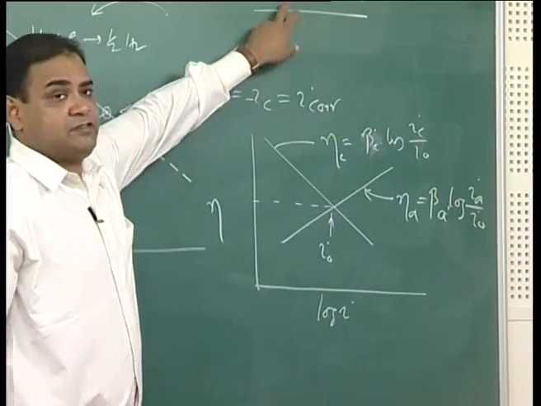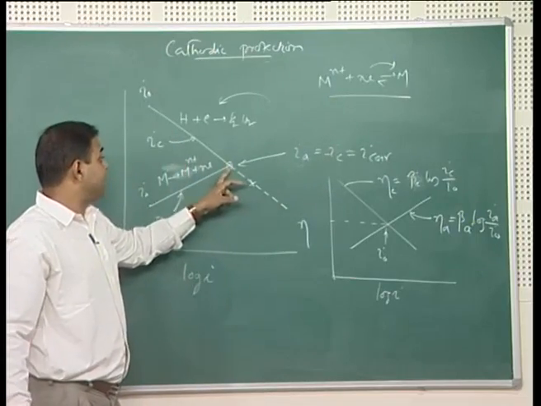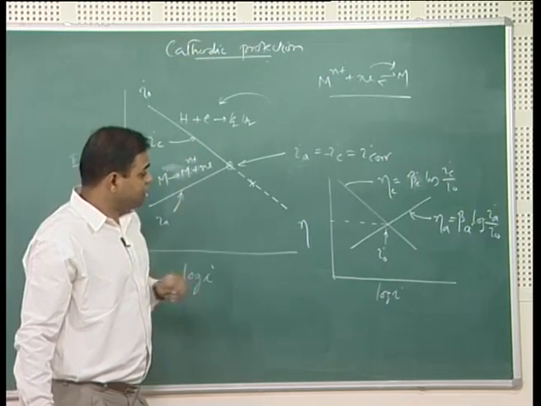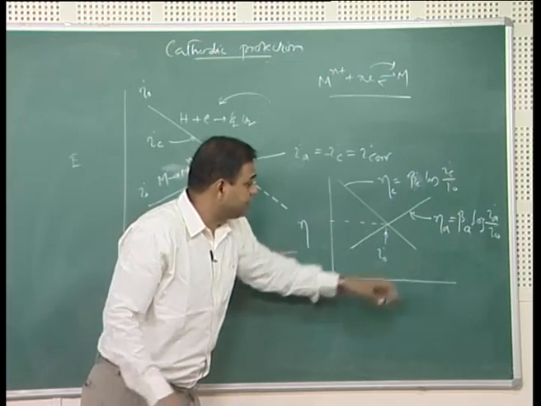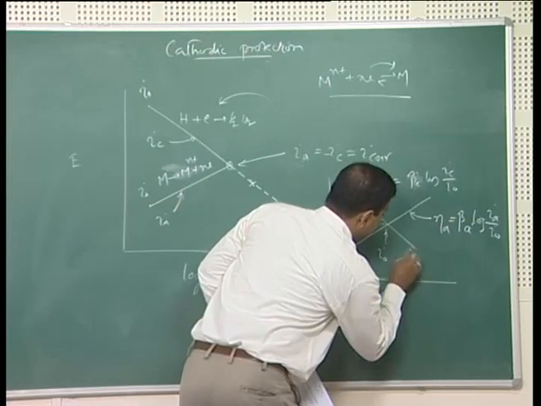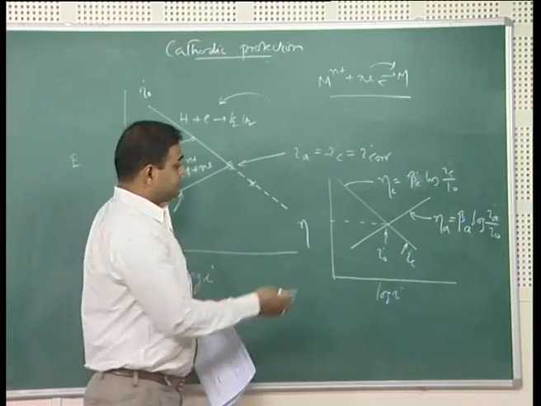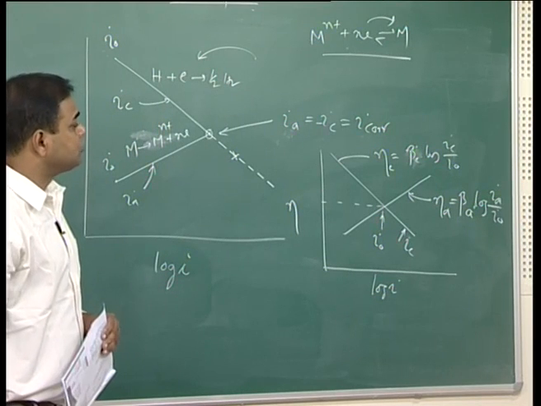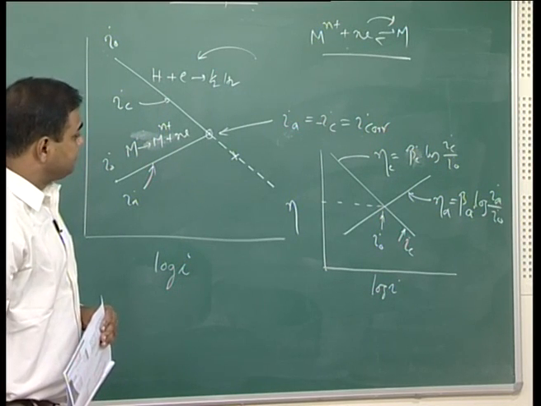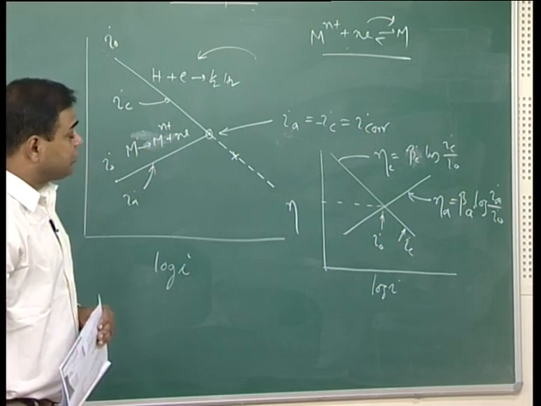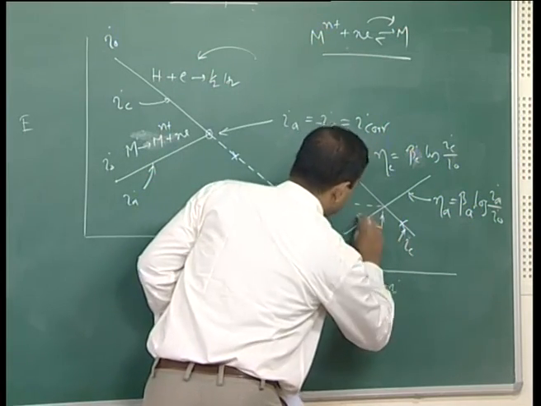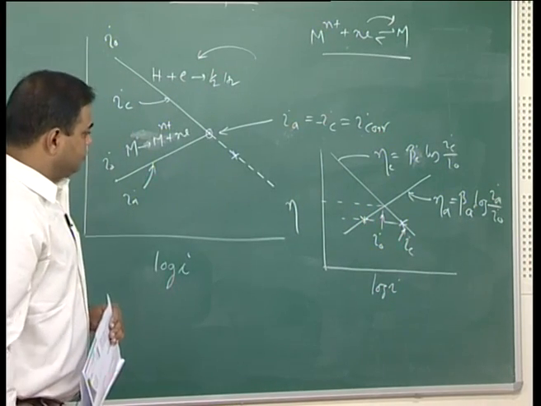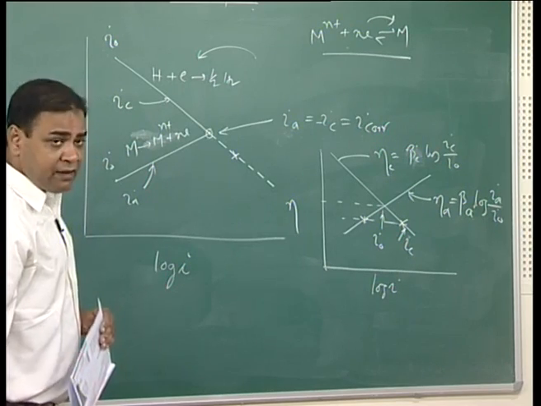This is with respect to this, but here we have this and another different cathodic reaction. So, if I supply extra negative current, which is I C here, then this polarization will move to the negative side. If I move to the negative side, what would be the corresponding anodic polarization? Let us say I am here. So, corresponding anodic polarization would be at this point. What would be my corresponding I A?